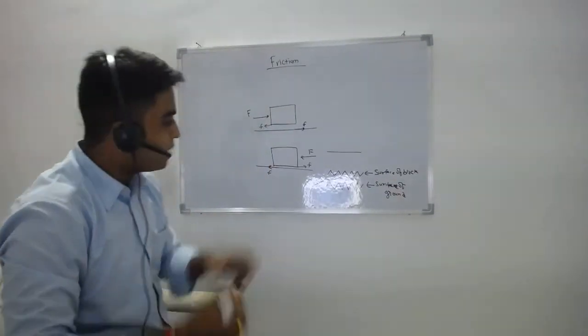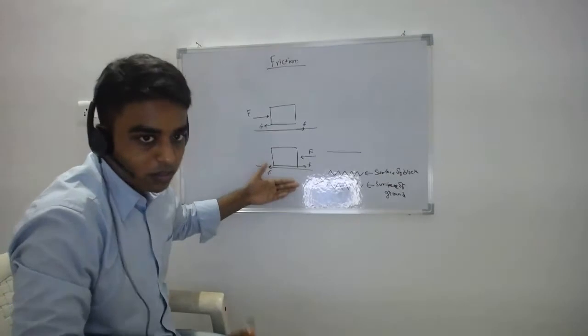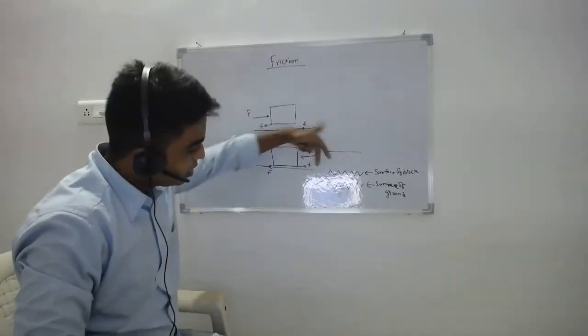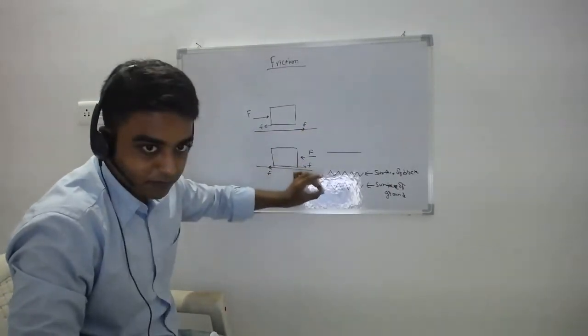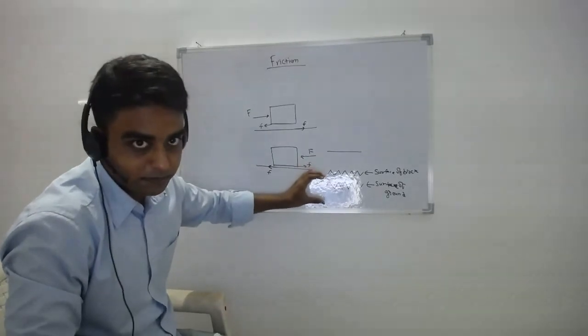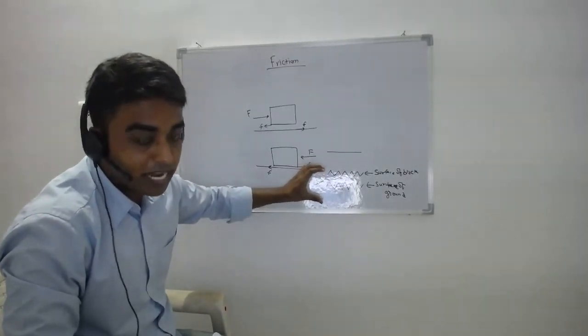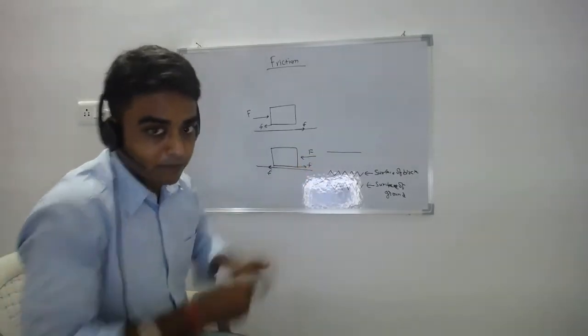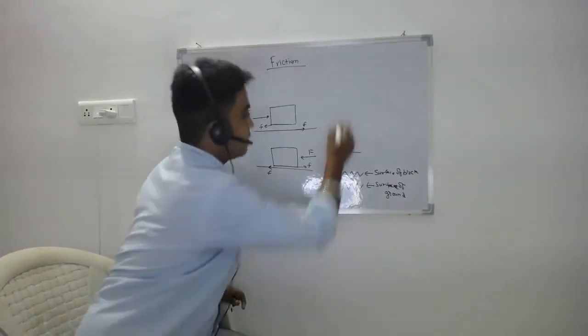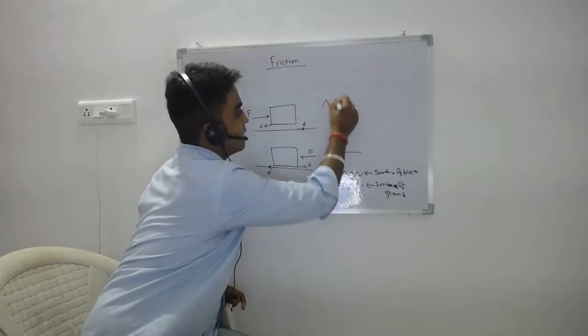So what happens when you place this object on the surface of the ground? These two surfaces make bonds. They get interlocked.